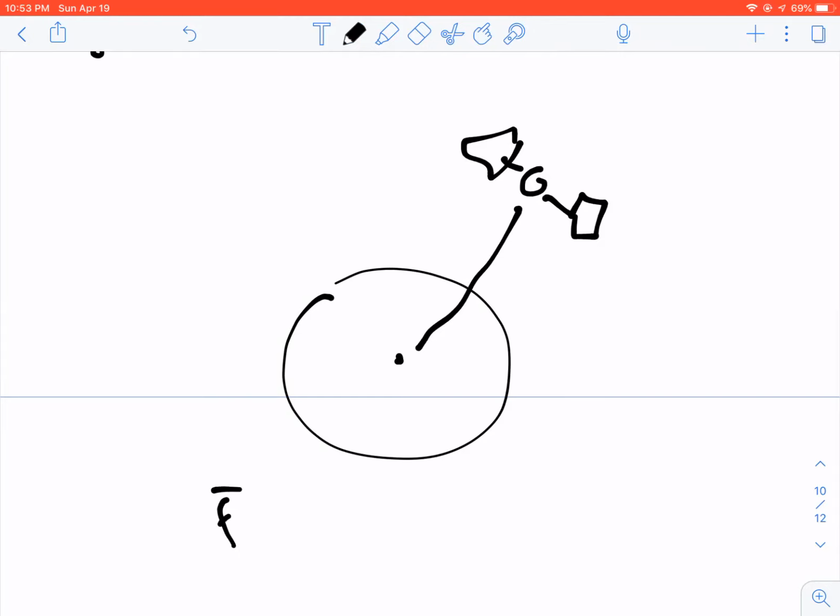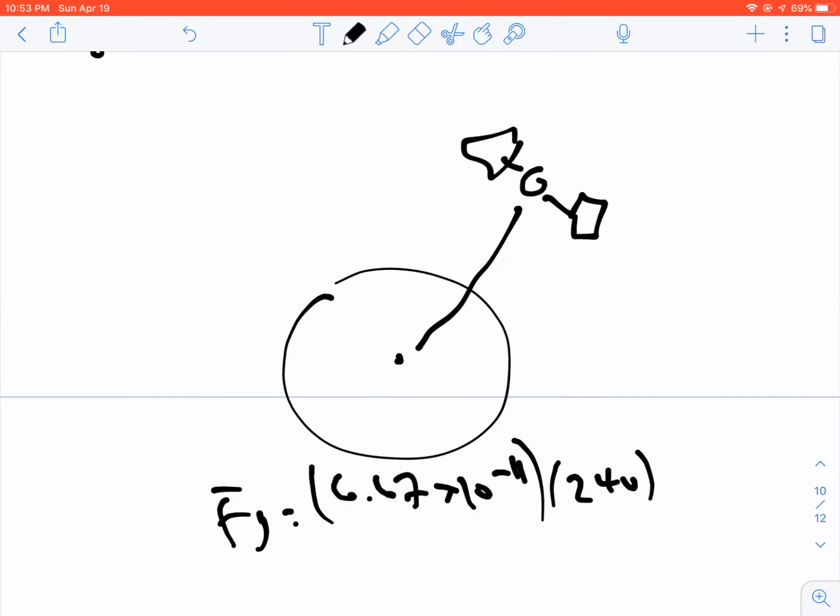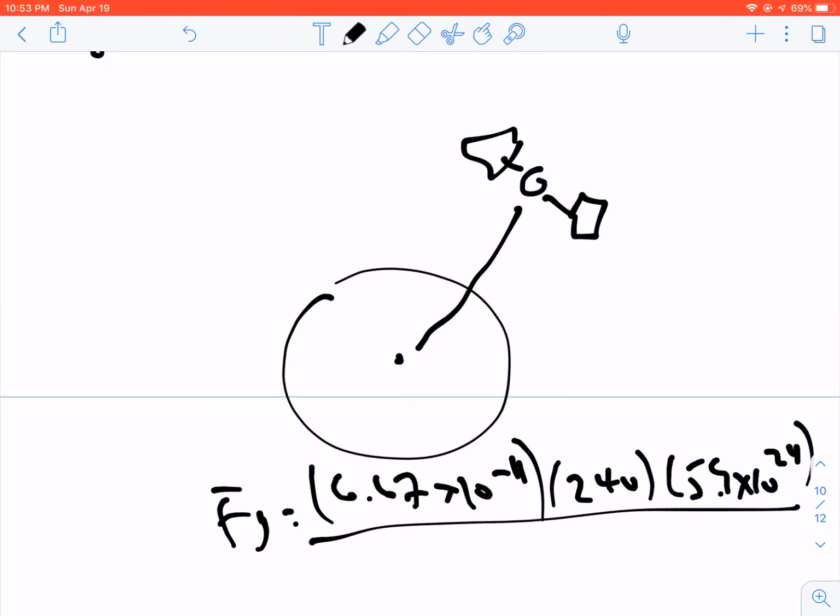I'm going to do Fg equals G times the mass of the satellite. Let's say it's 240 kilograms, right? That's the mass of the satellite. Times the mass of the Earth, 5.98 times 10 to the 24, divided by how far that is from the center of the Earth.